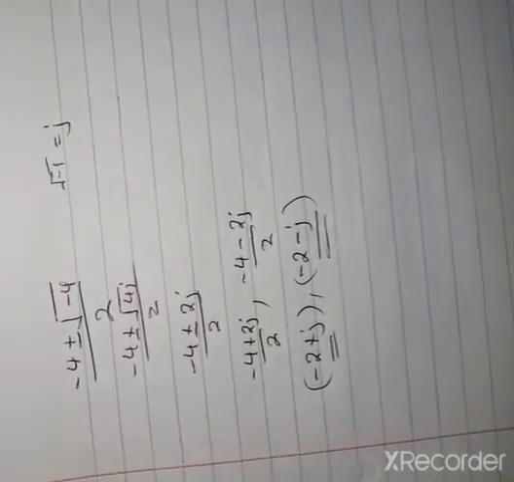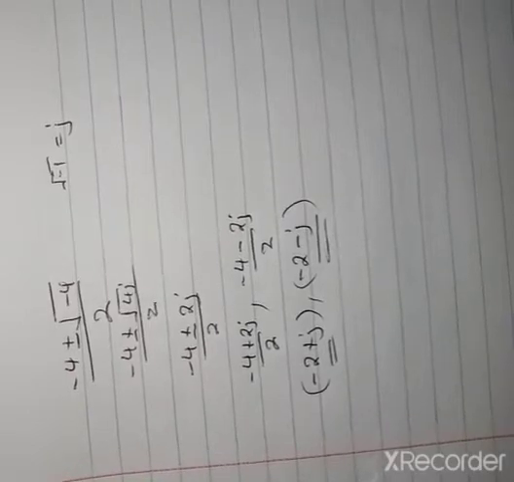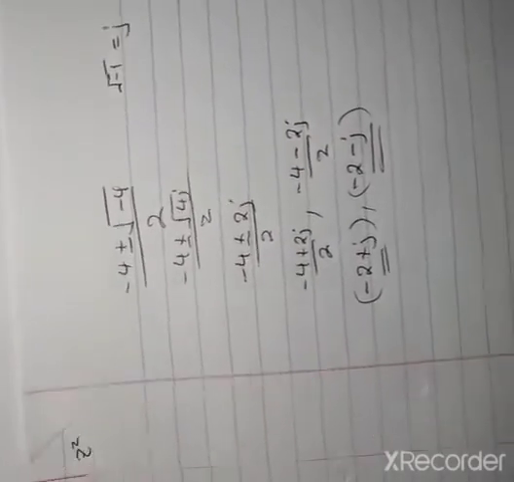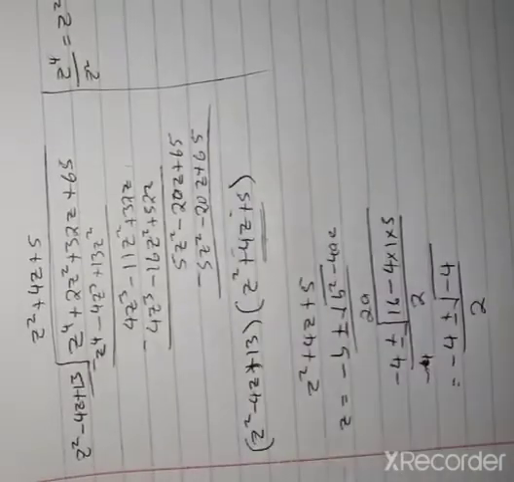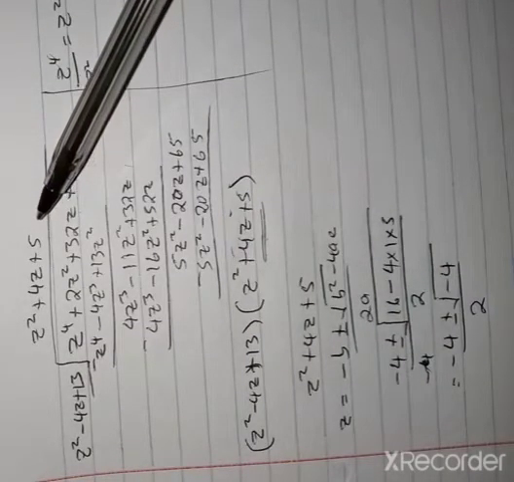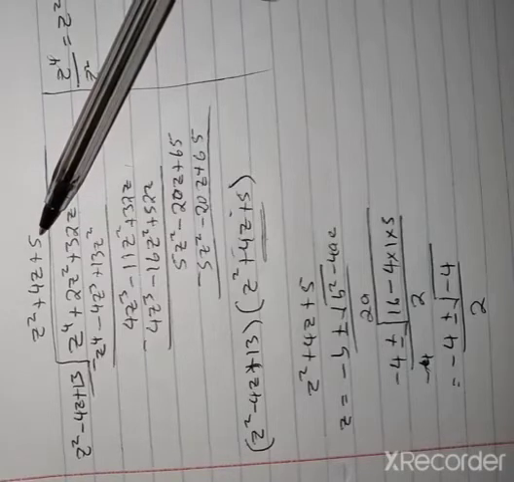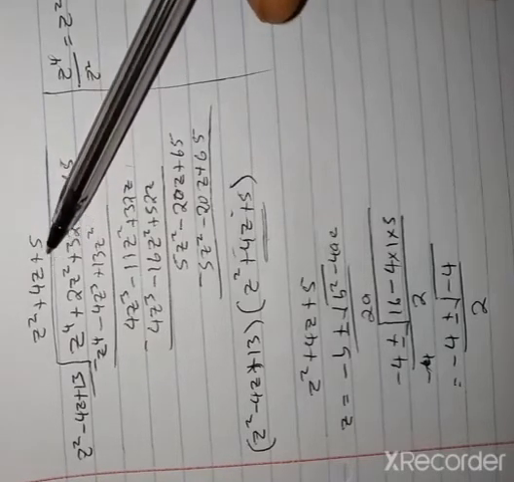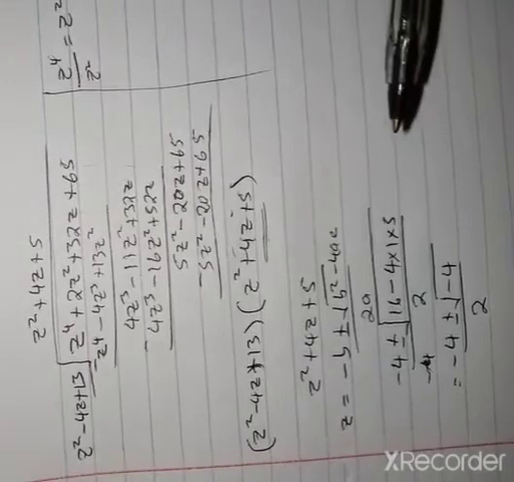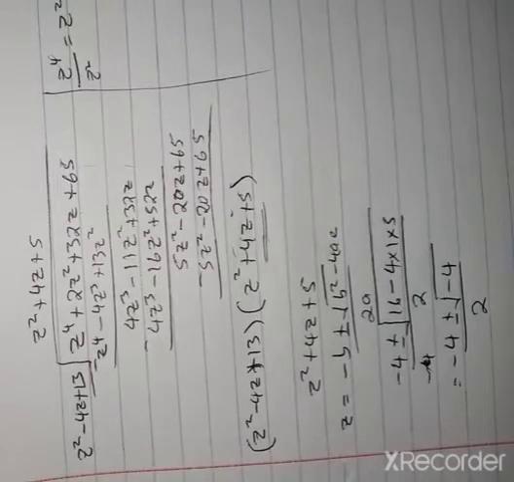So these are the other two roots we have obtained from the quotient of our equation, z squared plus 4z plus 5. So we have the two roots.